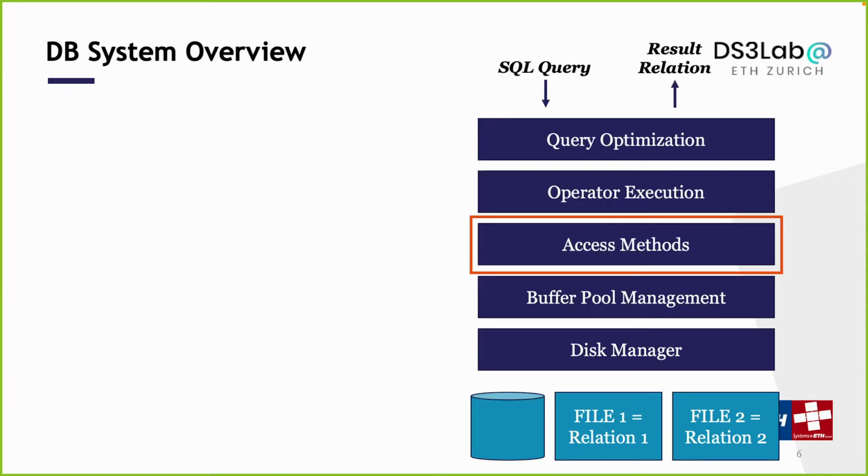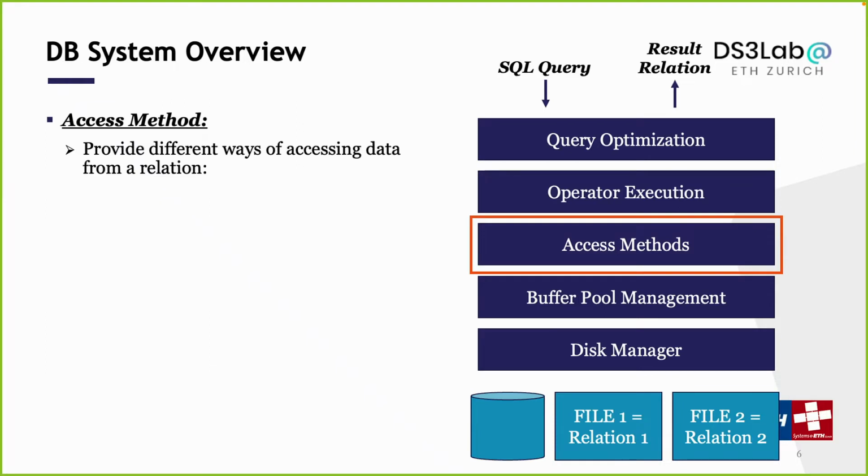And then the layer above it is the access method. In this layer, we do not want the upper layer to fetch pages. We want them to interact with the buffer pool manager via the access method layer by calling high-level abstractions about how to access data. This layer is where we provide different ways of accessing information inside a relation.